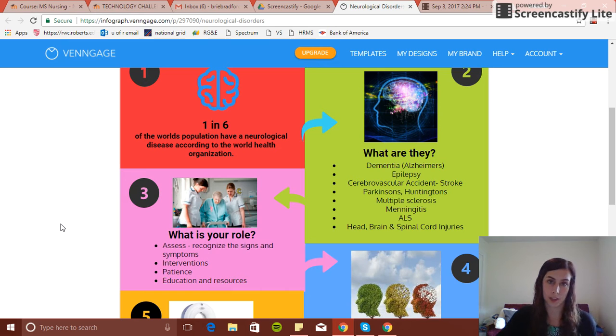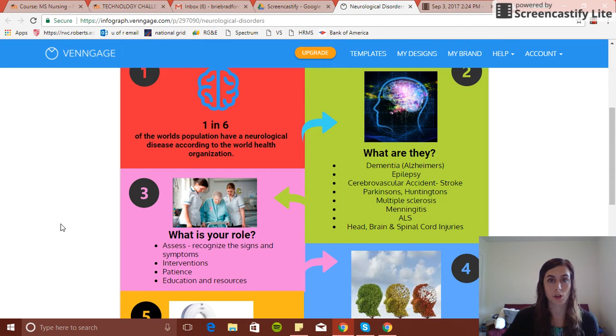That's why they are either in the hospital or receiving home care. There are many different things we need to look for in these patients, and assessment is going to be our priority. We need to assess and recognize signs and symptoms of any neuro disorder that could be life-threatening, aka strokes.